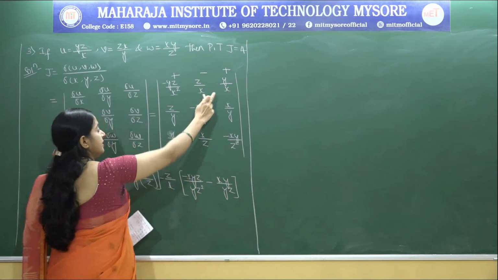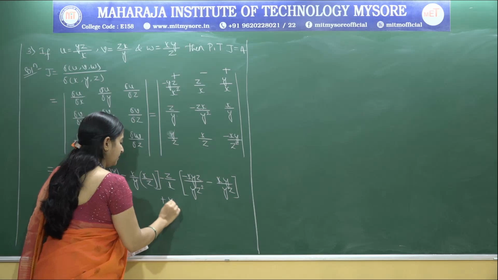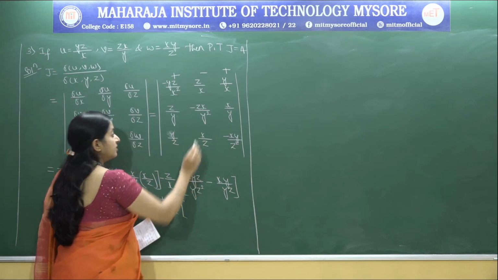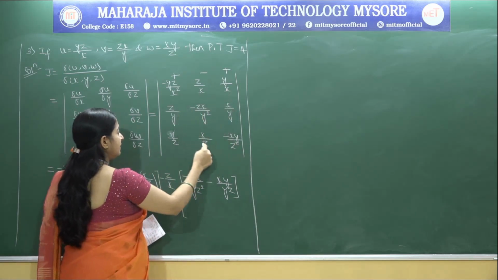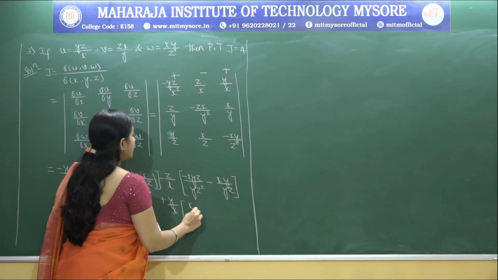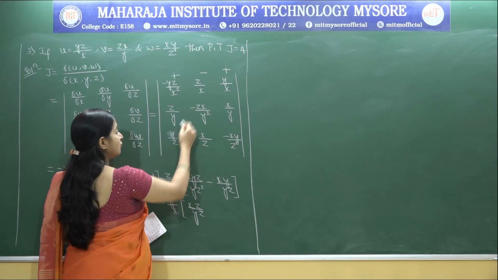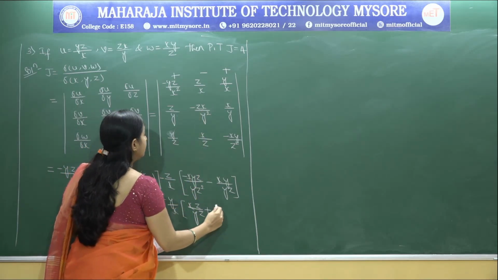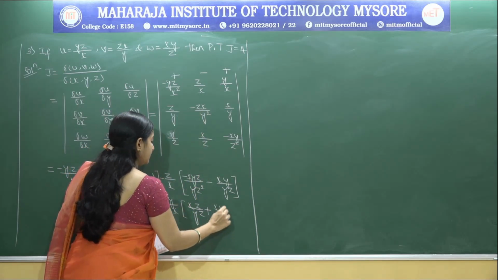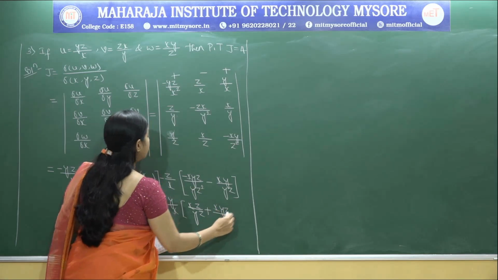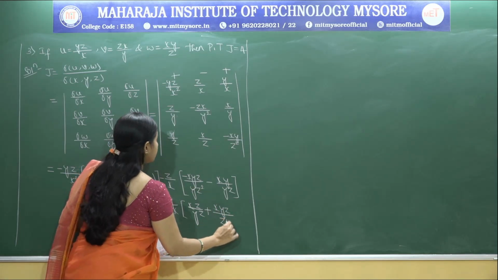And the last term is plus y divided by x. Delete this row and column, take the determinant. So it is xz divided by yz. Minus of this, you will get the plus sign. It is xyz, denominator zy square.